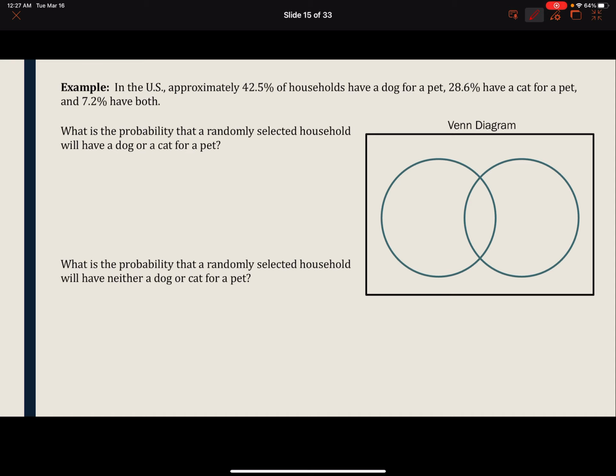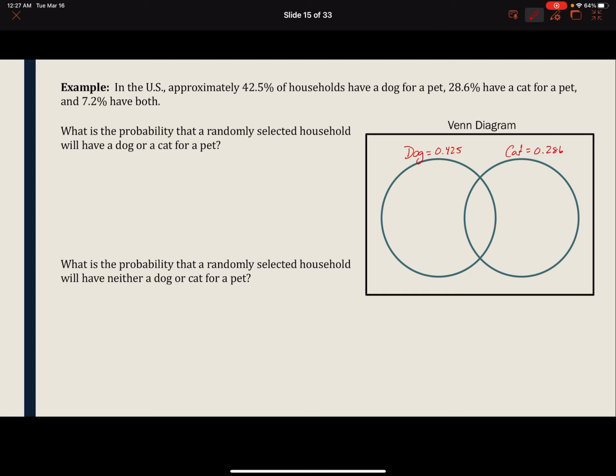The dog circle should total 0.425. The cat circle should total 0.286.